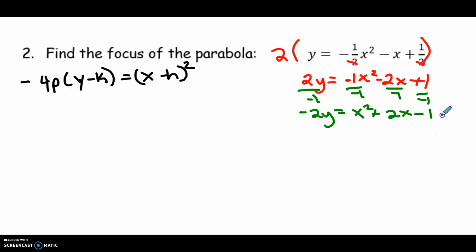Basically move my constant over. So I'm going to add 1 over. Here I'm adding 1, that gets crossed out, and add 1 here, and I'm left with negative 2y plus 1 is equal to x squared plus 2x.